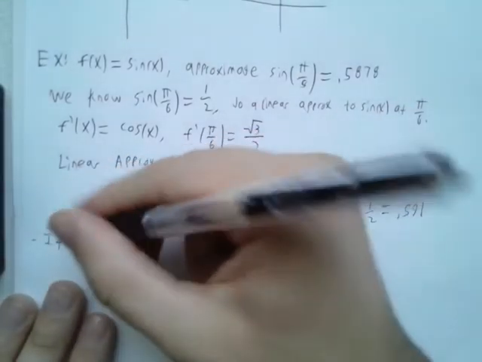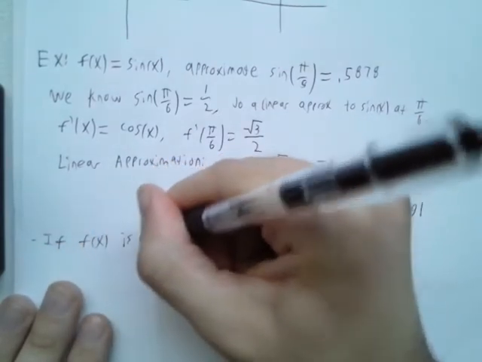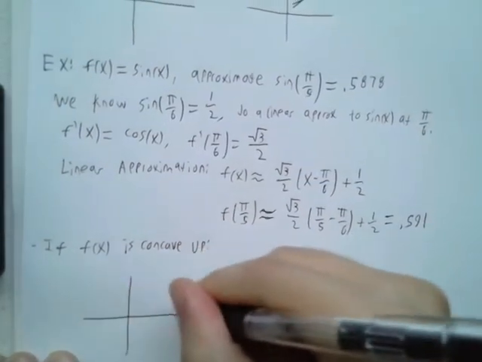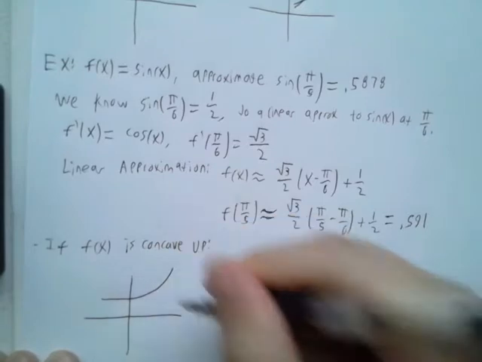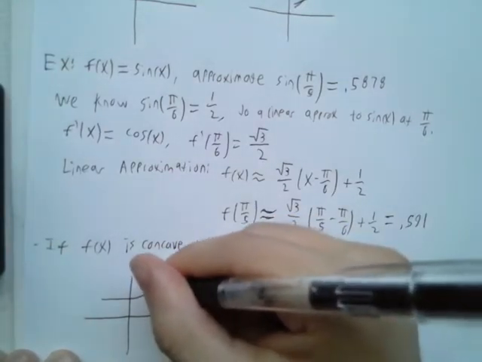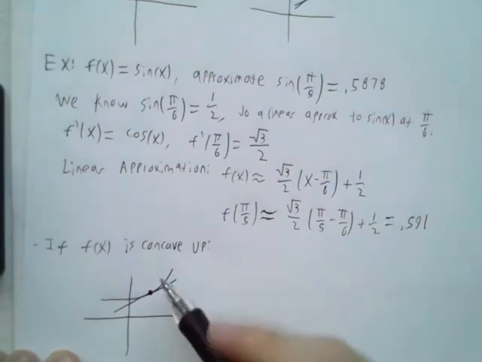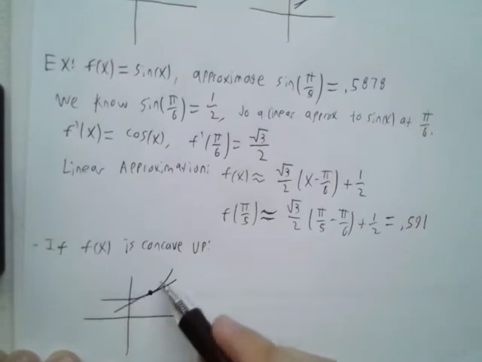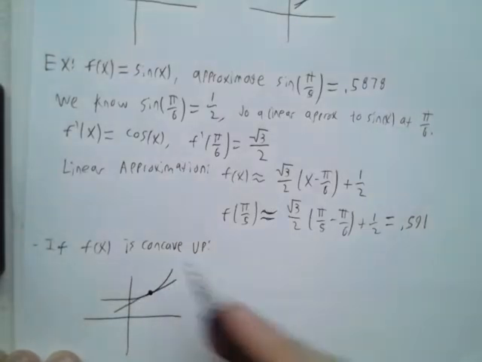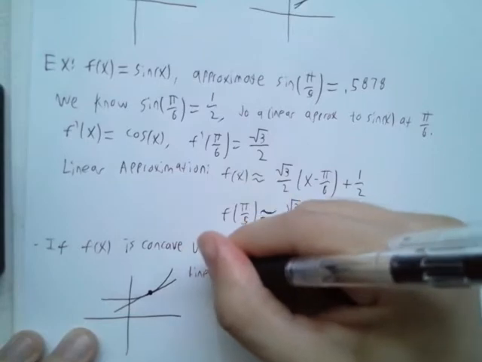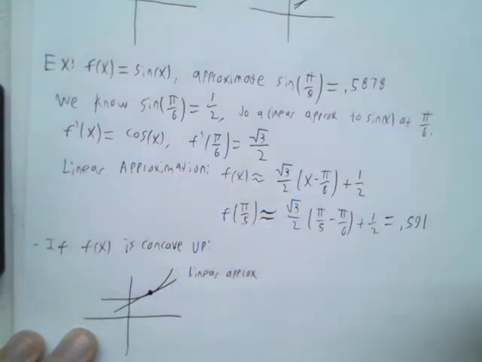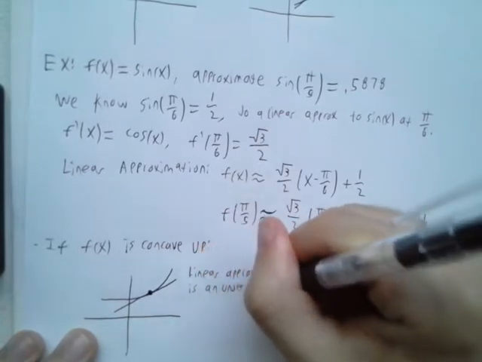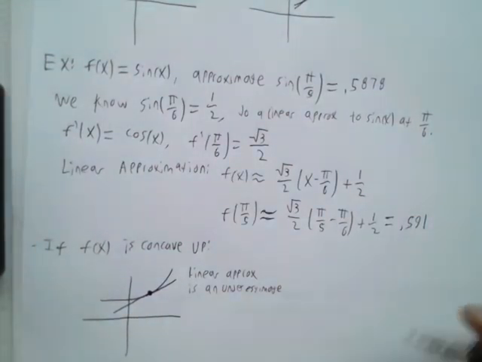So if f of x is concave up, then the graph will look something like this. And if we draw a tangent line at any point, you'll see that the values of the tangent line lie beneath the original function. So that means that if f is concave up, the linear approximation will give an underestimate, because the tangent line is beneath the function.